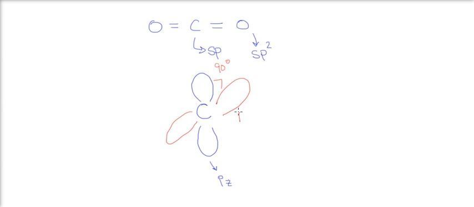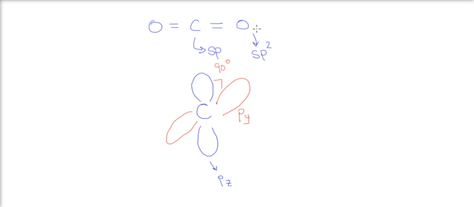And this is our py orbital. So the px orbital rather, is the px orbital that is hybridized as sp. The py and the pz orbitals are unhybridized.